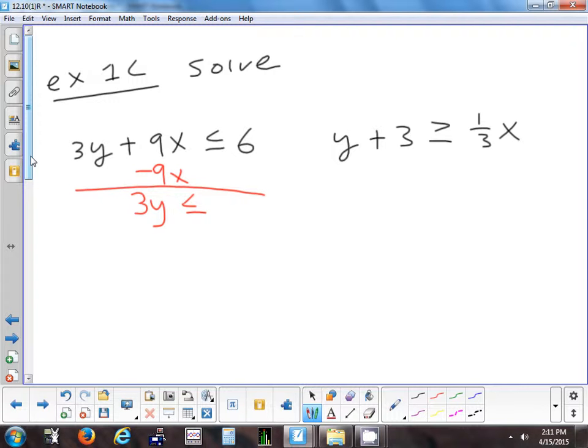No. Wait. Travis, what do you think? What has to go after the inequality sign? Negative 9x, right? Negative 9x. And then what, Isaiah? 6. Then you're 6. What kind of a 6? Negative. No. If there's no sign, you bring it down as a positive. All right?